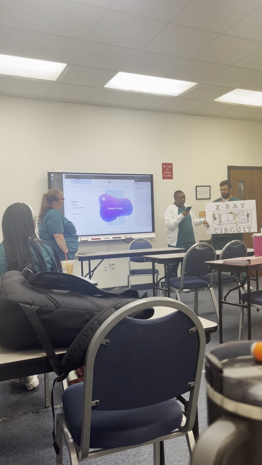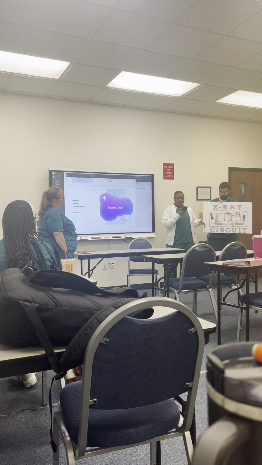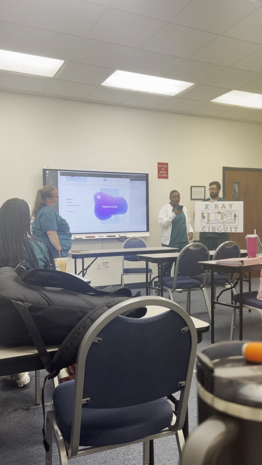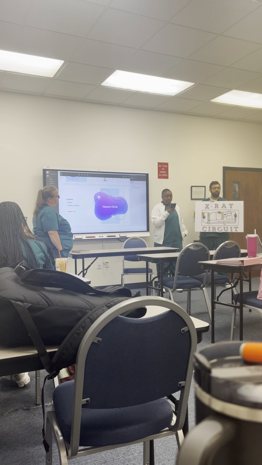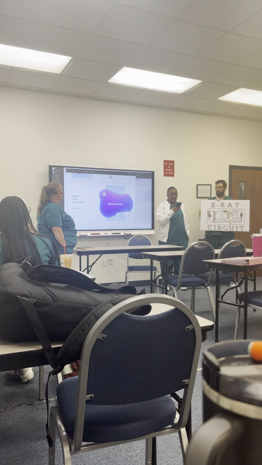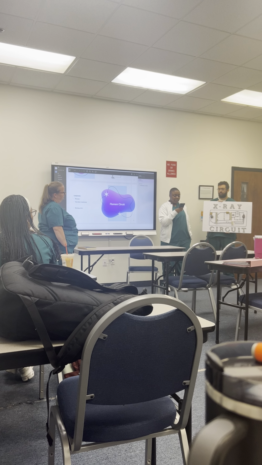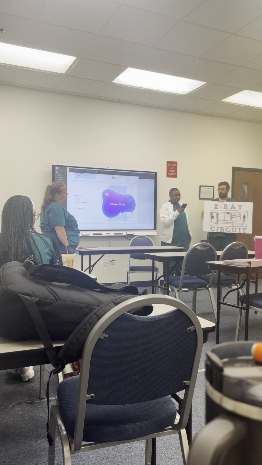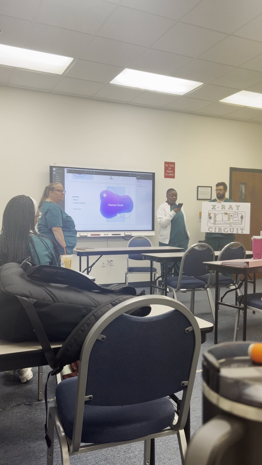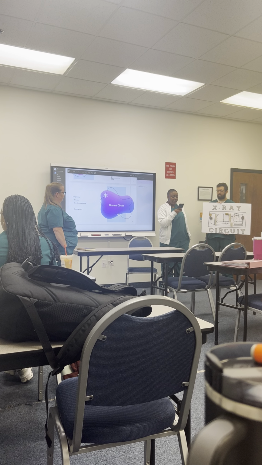For the step-down transformer, it uses a process called mutual induction to increase the current by reducing the voltage and increasing the mA. Once the current is increased, it heats the filament chosen by the operator and begins boiling off electrons. The time selected at the console is the amount of time the current is flowing through the X-ray tube.